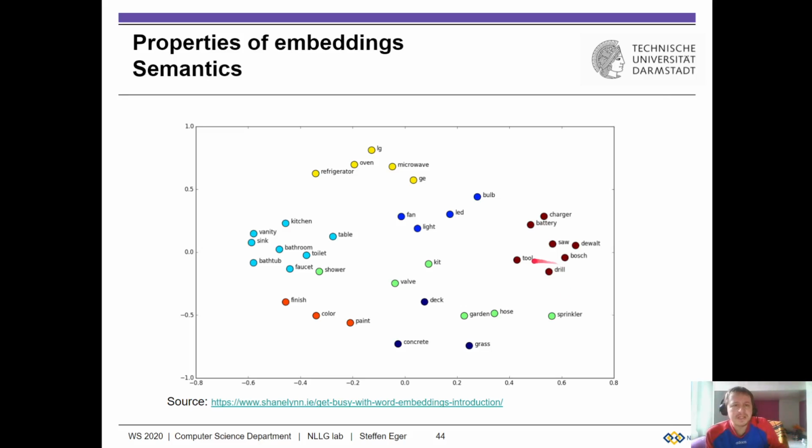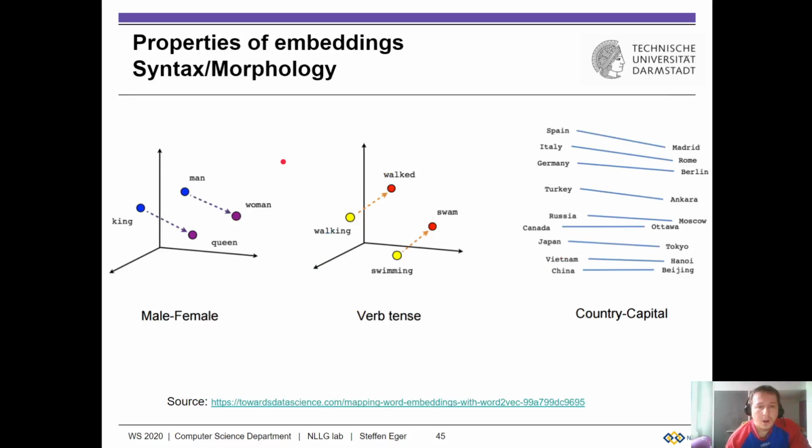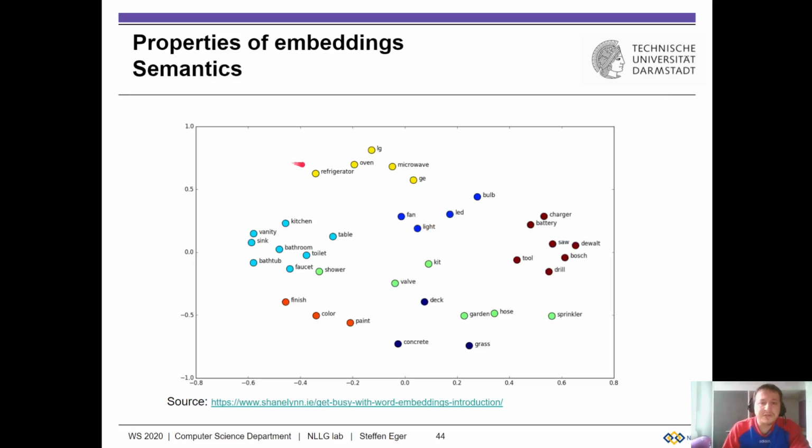Now what you can see here is that similar words actually appear close to each other. Here you have refrigerator, oven, microwave, they are all close together. And here on the right you have charger, battery, Bosch. So these are like tools, and these are things that you use for cooking.